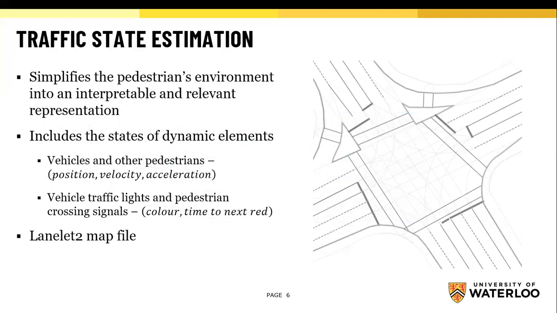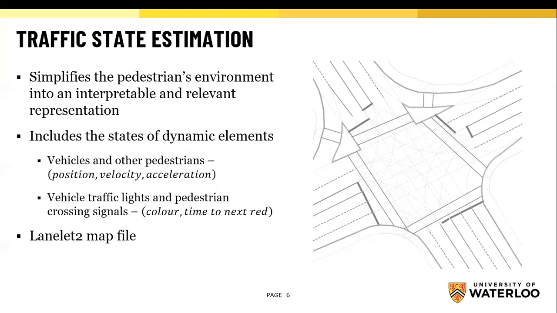So the point of this traffic state estimation is to simplify the environment around the pedestrian into interpretable and relevant information. This information includes all the states of dynamic elements, including the vehicles and other pedestrians, as well as the states of the traffic lights and, if it's relevant, the pedestrian crossing signals for the crosswalks.